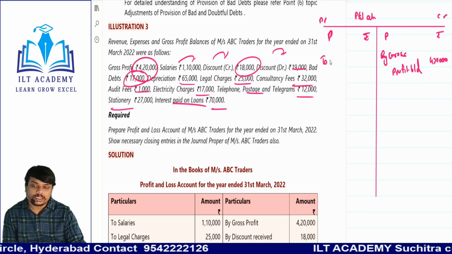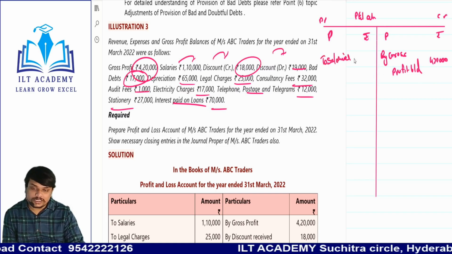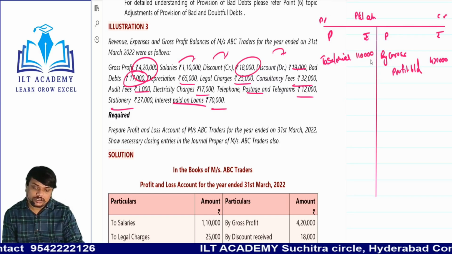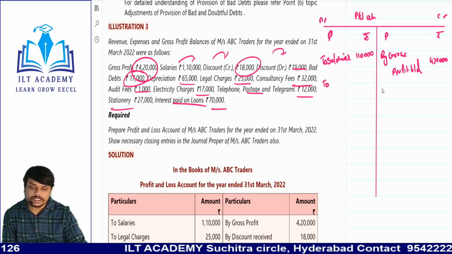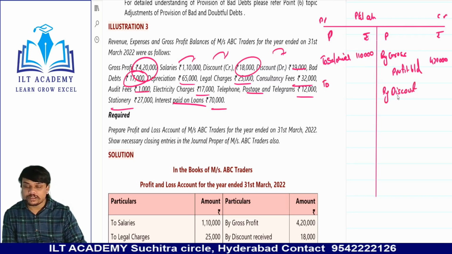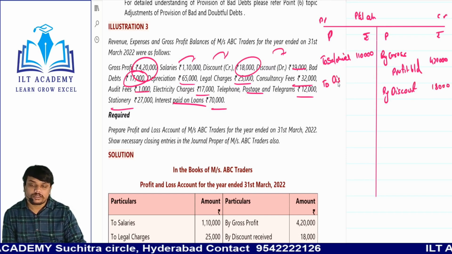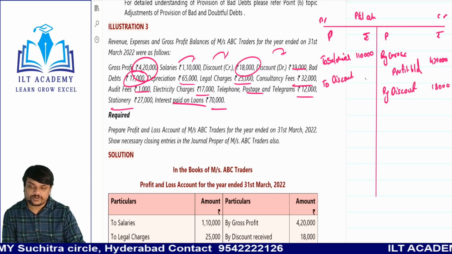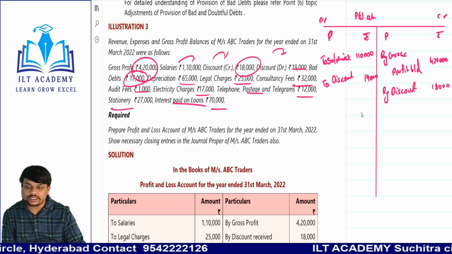To salaries, that is 1,10,000. Now discount credited is 18,000. By discount, credit will be coming on the credit side, that is 18,000. Discount debit, that is 19,000. And there are bad debts of how much? 17,000.